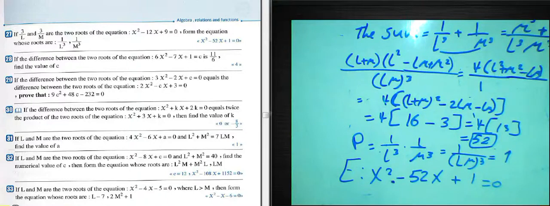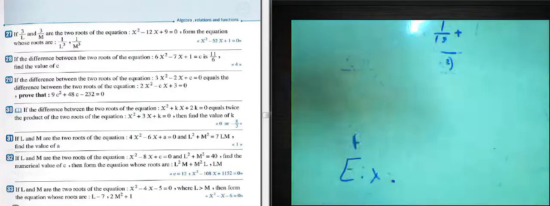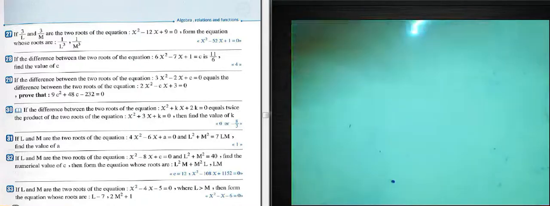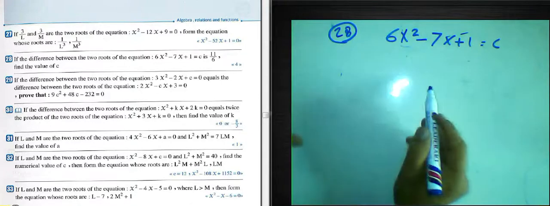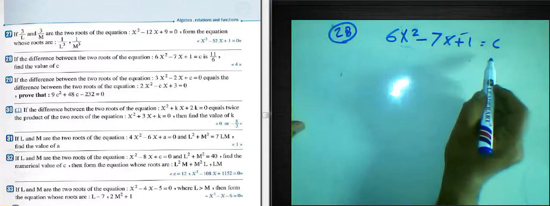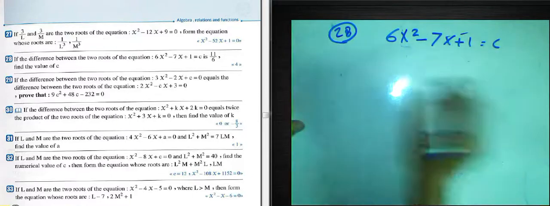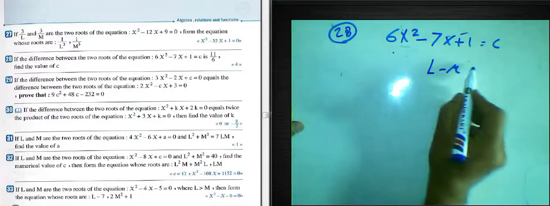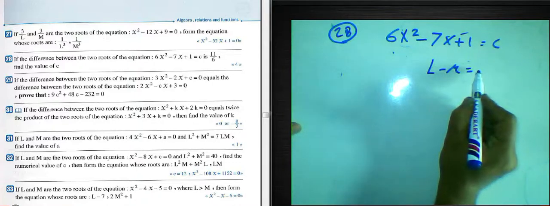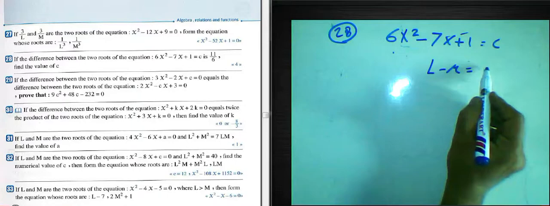Question 28. If the difference between the two roots of the equation is 11 over 6, I will write here L minus M equal 11 over 6.